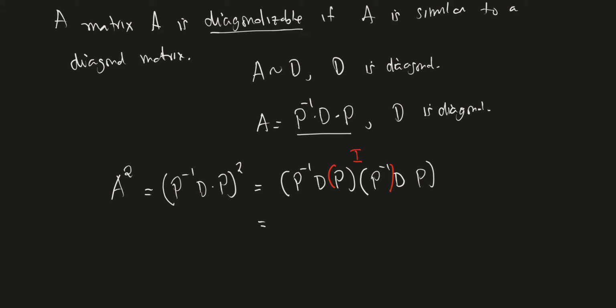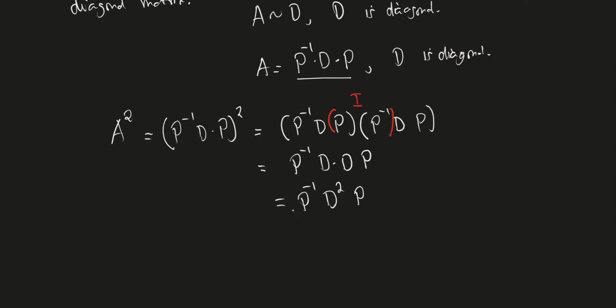So the identity is in the middle, and we treat that like the number 1. So you end up having P inverse, then D times itself, and then P, which reduces to P inverse D squared P.